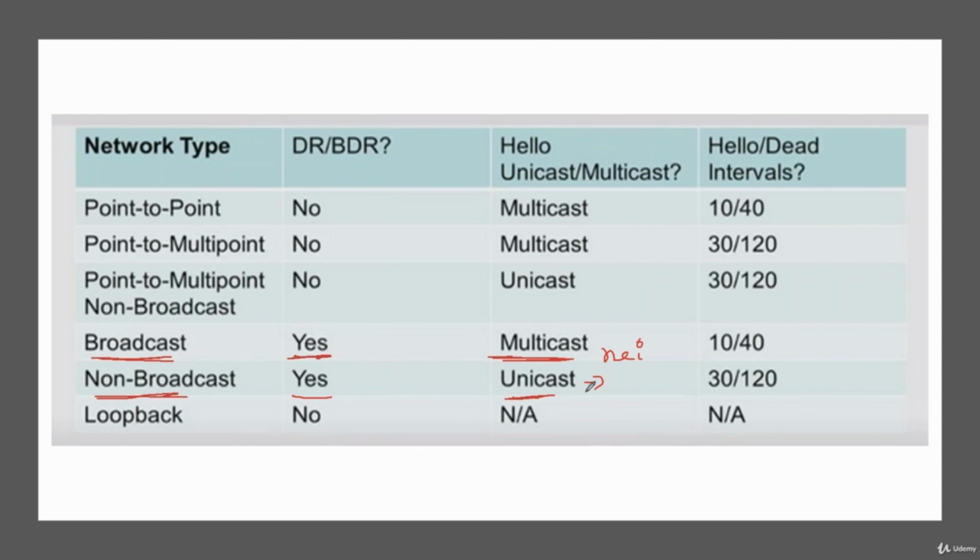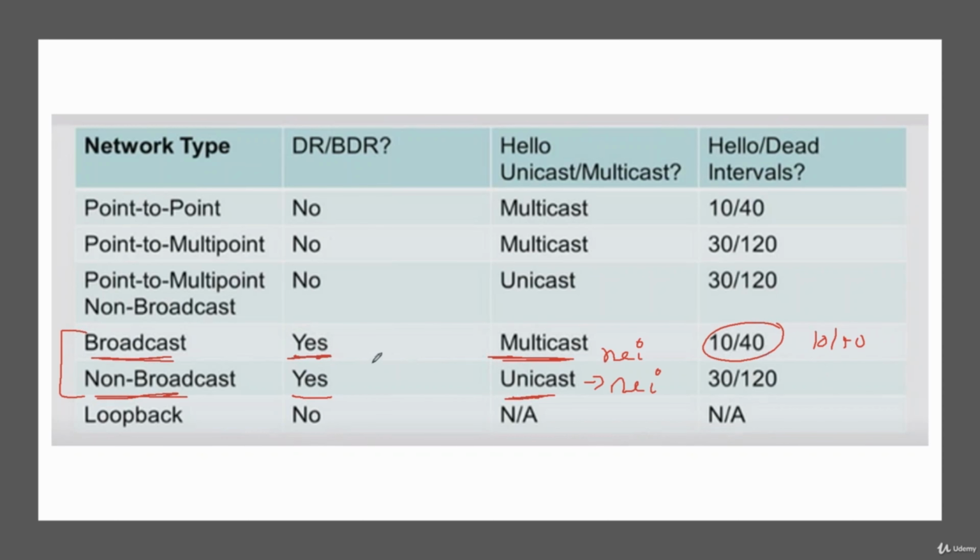When you see unicast, it means you have to use the neighbor command, so you have to manually form the neighbor. Correct? And you can see the timers as well: for broadcast networks they are 10 and 40, and for non-broadcast they are 30 and 120 seconds.